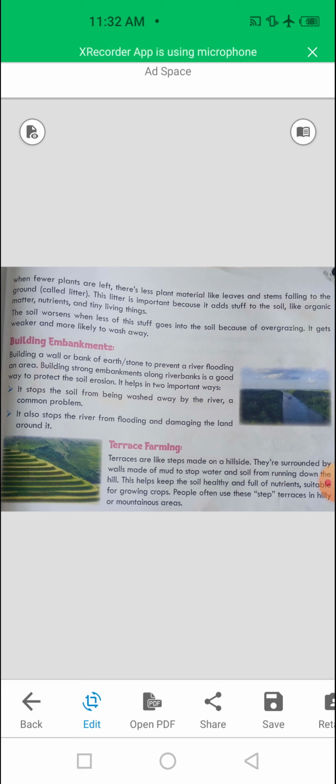This litter is important because it adds things to the soil like organic matter, nutrients, and tiny living things. So this can reduce the fertility of soil and cause soil erosion. When less of this goes into the soil because of overgrazing, it gets weaker and more likely to wash away.